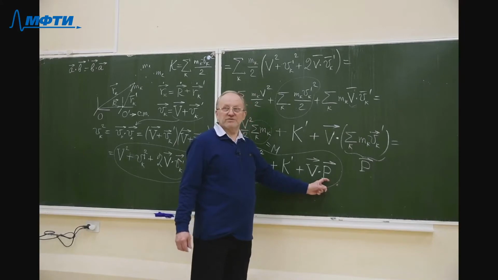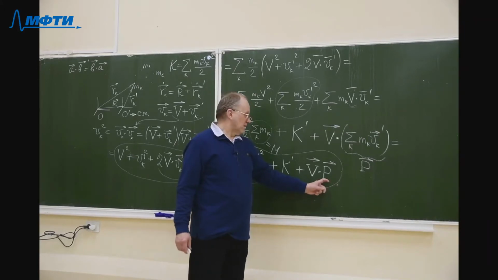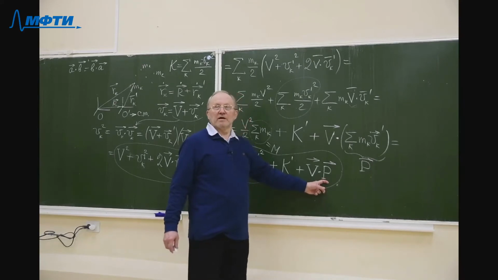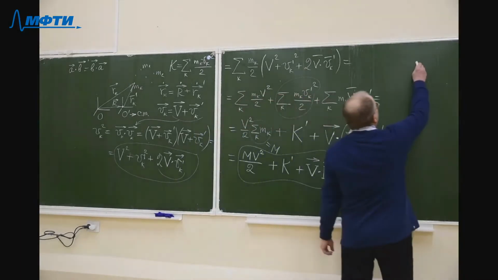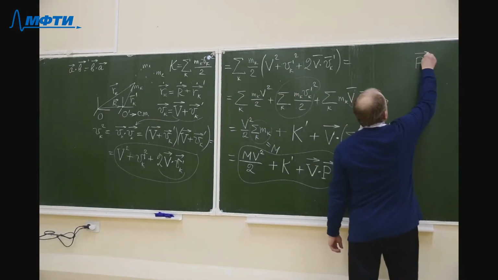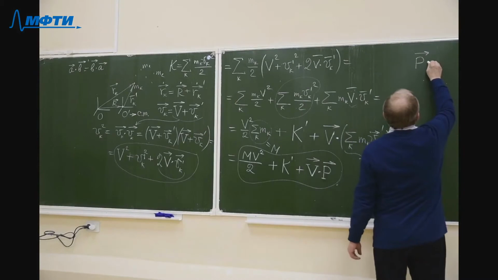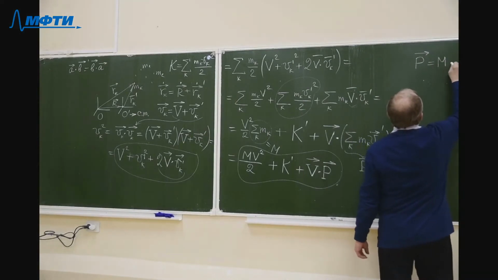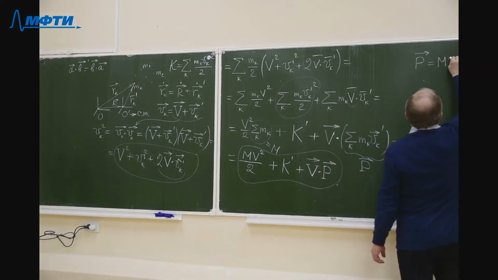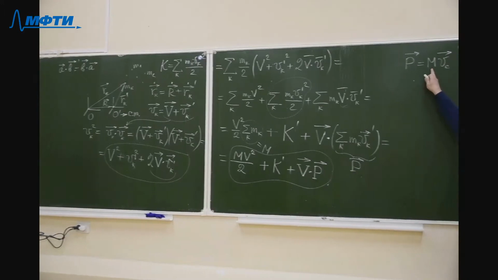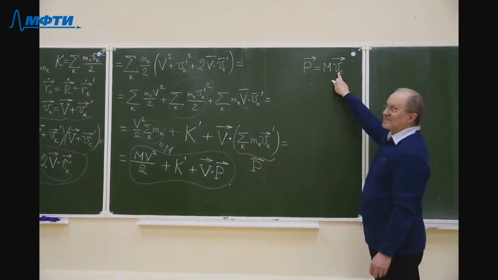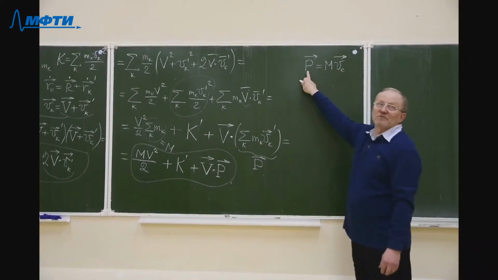We derived this formula: the momentum of the system of particles equals the total mass times the velocity of the center of mass. Total mass of the system of particles times the velocity of the center of mass is its total momentum.